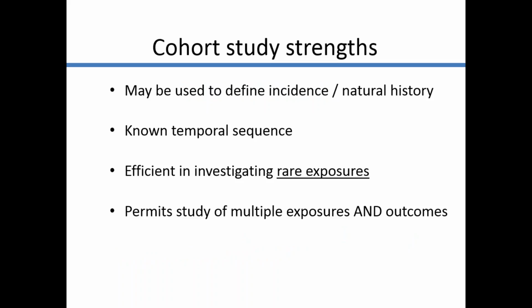Now, some strengths of the cohort study: it may be used to define incidence and look at the natural history. What happens after we give this drug? What happens over the course of time regarding the cure or the outcome? You know the temporal sequence. In other words, we know that exposure came first.